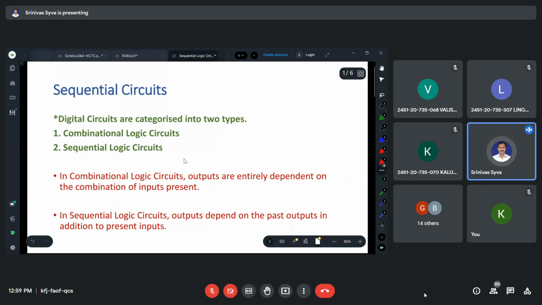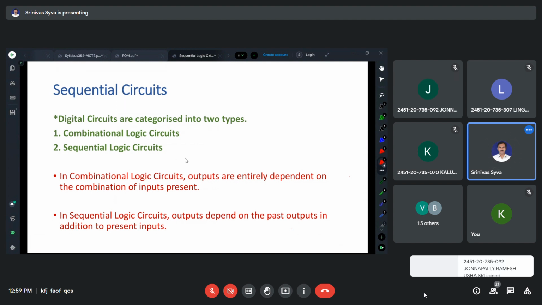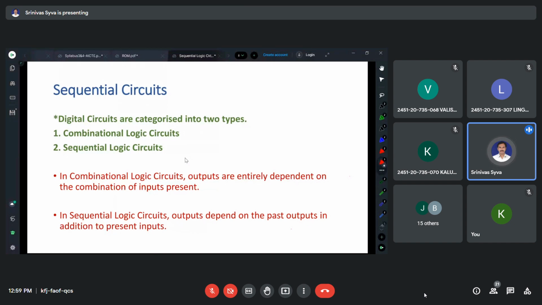So far, what we have studied are all combinational logic circuits. For example, adder, subtractor, code converters, multiplexer, decoder, encoder.